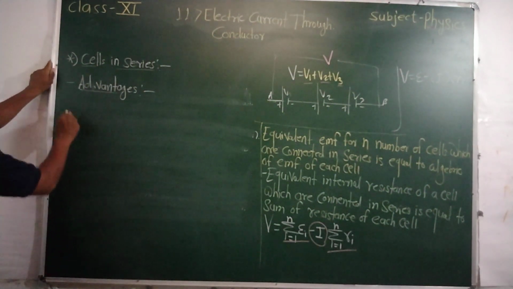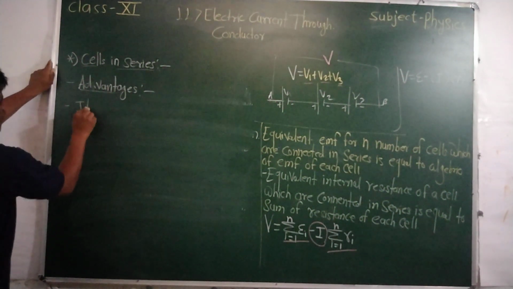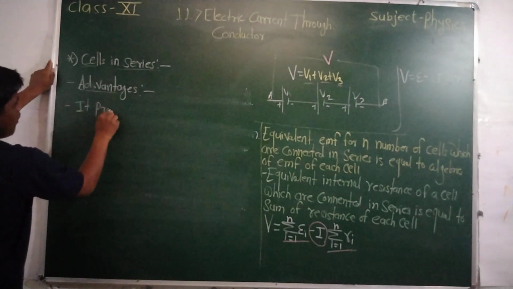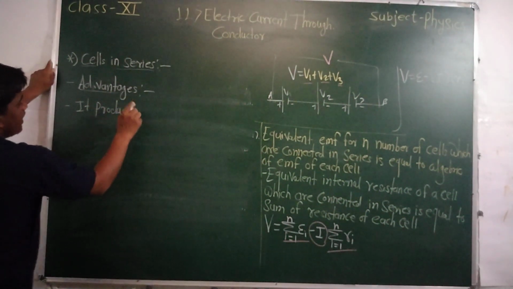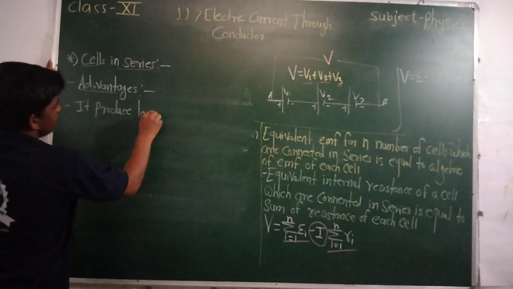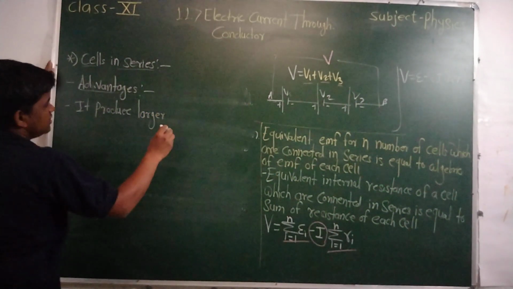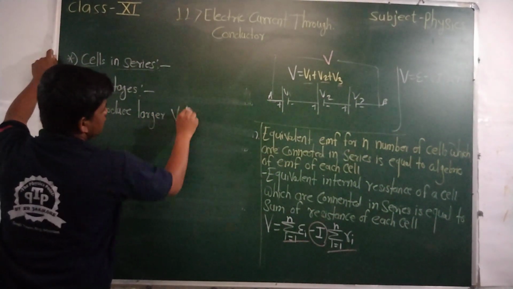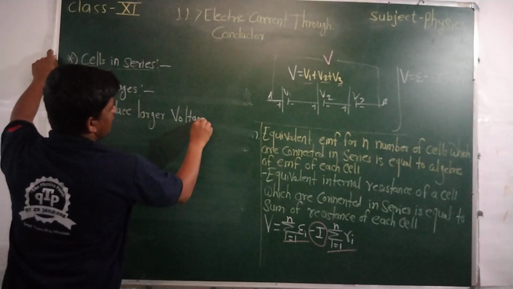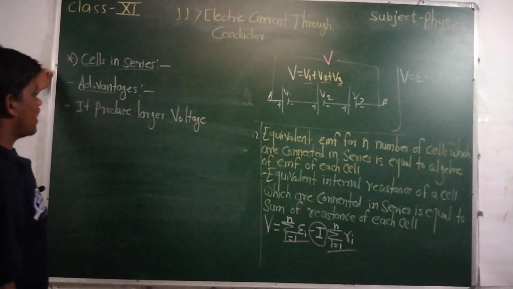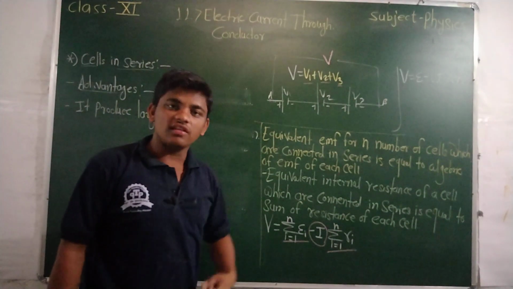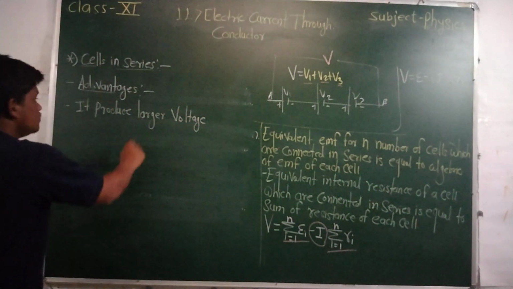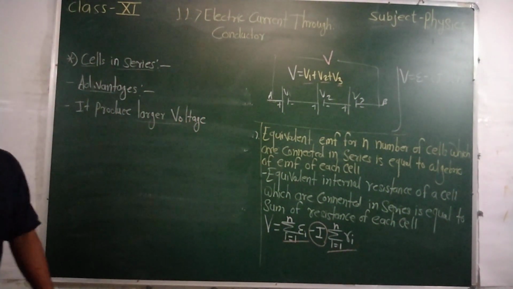The first advantage: it provides a larger potential difference or voltage, larger voltage. This is one of the useful things when we connect some batteries, some cells in a series combination, they give a larger voltage.